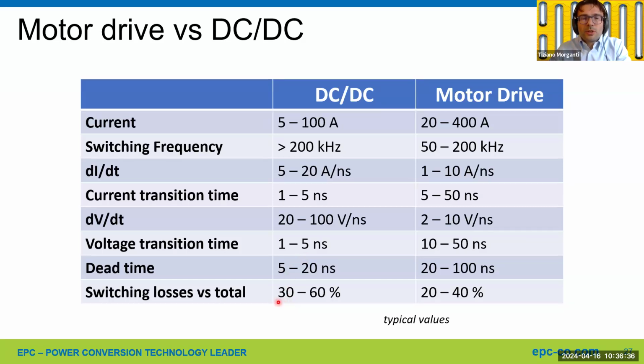And switching losses are a significant fraction in the DC-DC application, while they are lower for motor drive. So from this table, we can understand that motor drive switching is about 1 order of magnitude slower than DC-DC switching. So this can be used to our advantage to simplify and optimize our layouts with a different priority.